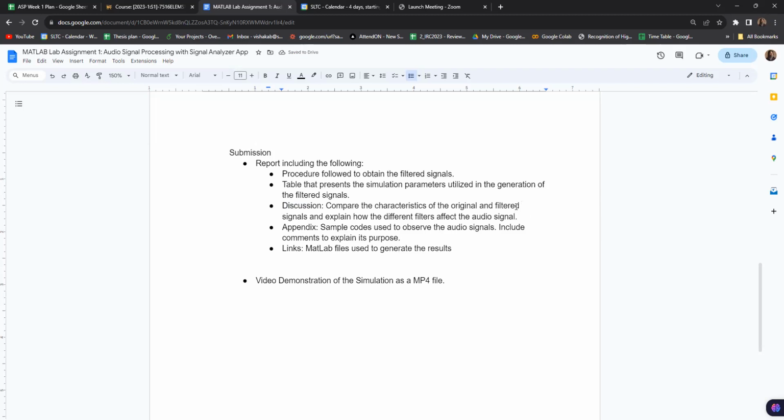You just compare the original signal and the filtered signals only, not the composite signals. Composite means you mix two filtered signals that you have filtered. Rather than comparing with the composite signals, you can compare with the original and the filtered signals. So in that case, original and the low pass, original and the high pass, original and the band pass. You can mention how the amplitudes of the signal have changed based on the filter applied.